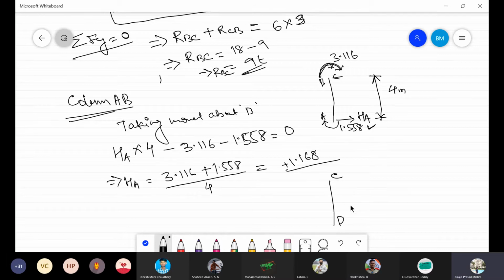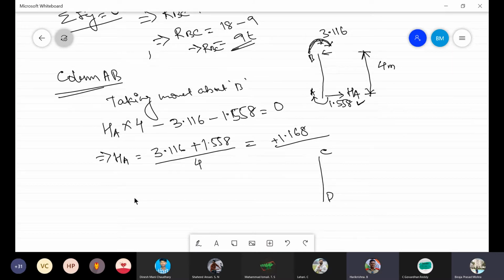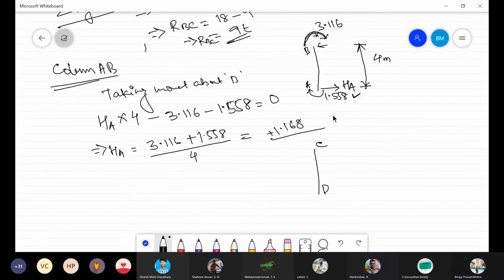Okay, now let us take the column CD. Just like the previous column AB, here also, like HA, we will have one horizontal force, and that is HB.